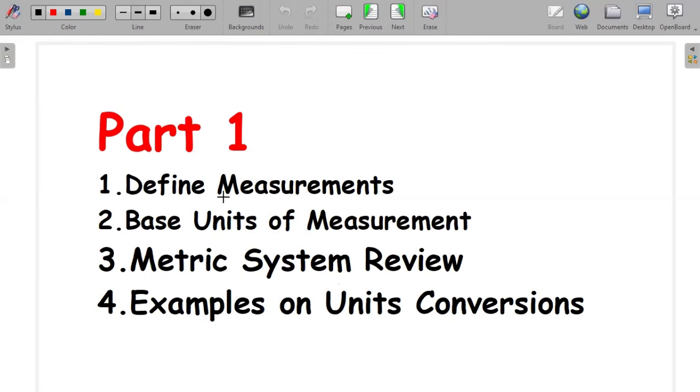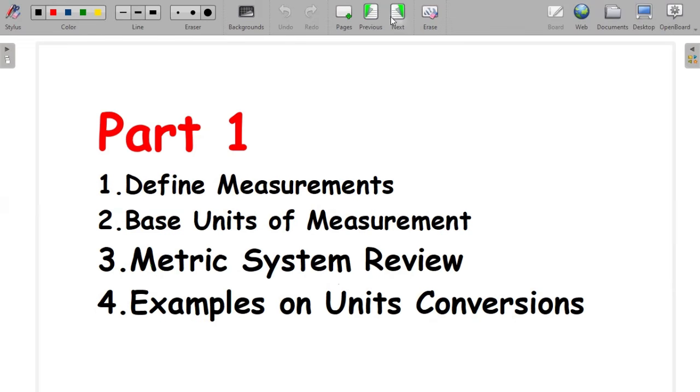From the 7, we get billions and billions of units. Then we're going to look at the metric system, which is just a system of multiples and sub-multiples of 10. I'm going to explain what it is. And the last objective of this lesson is we're going to do examples on unit conversions.